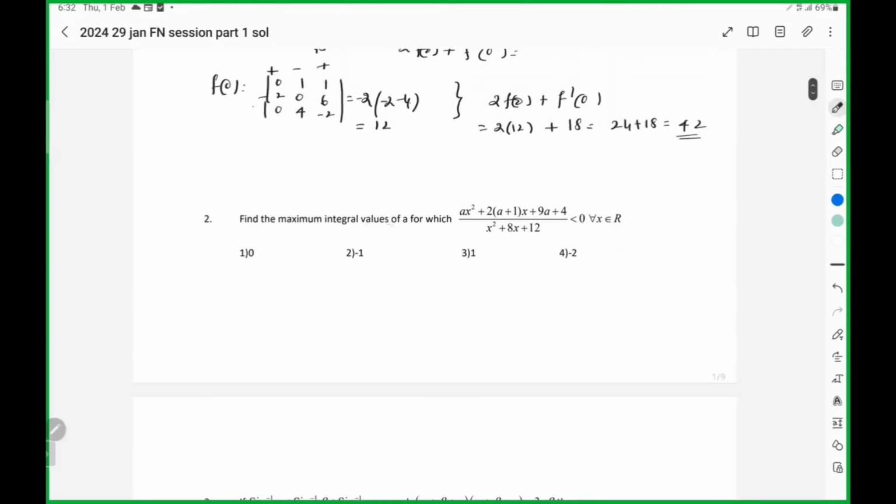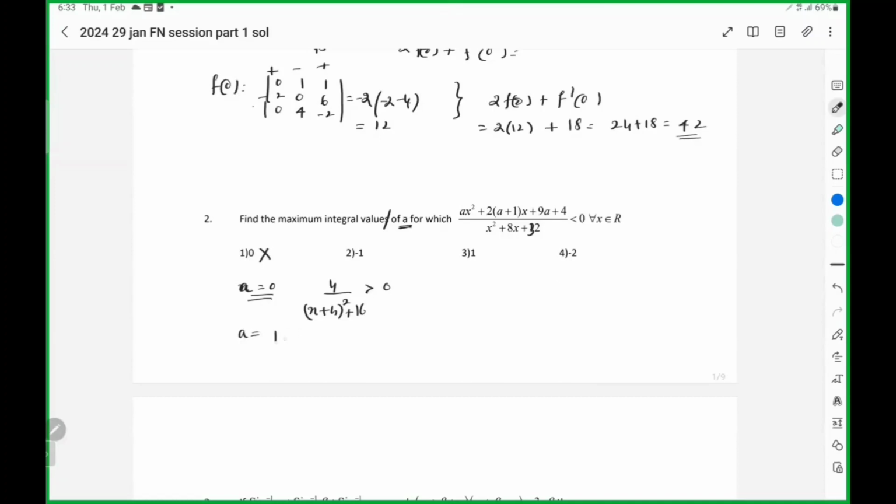Here, the maximum integral value of a for which it is less than 0. Let us start by taking a as 0. Then we get 4 by x squared, x plus 4 whole square, 16, 32. It is always positive, so it is ruled out.